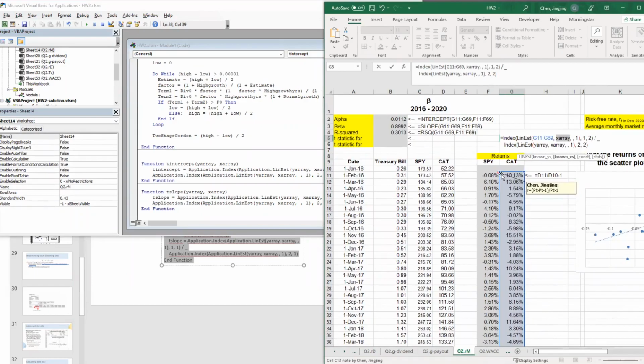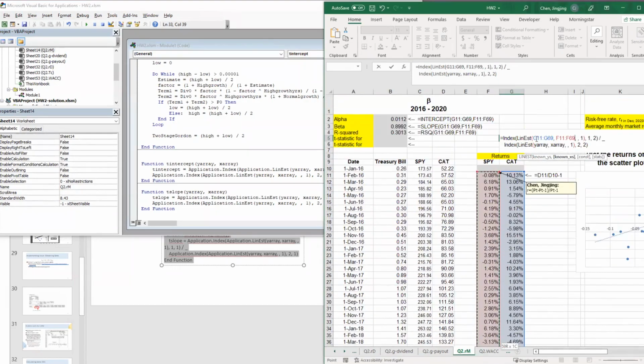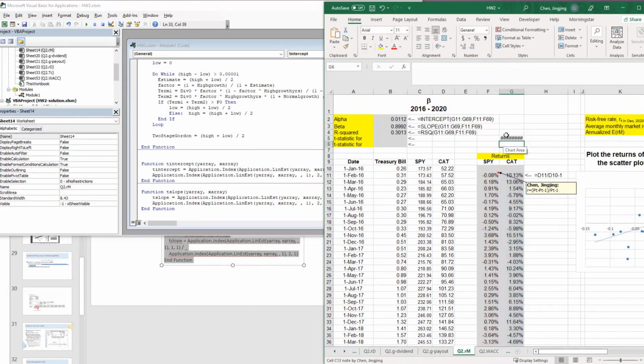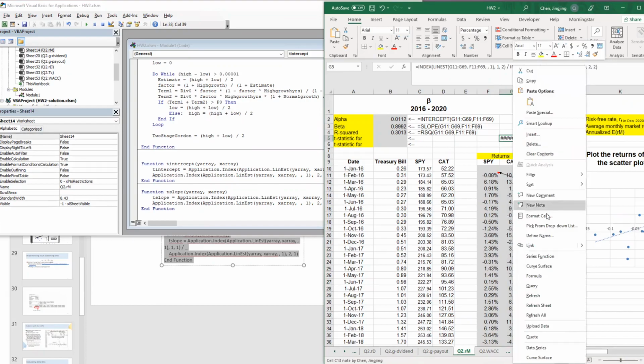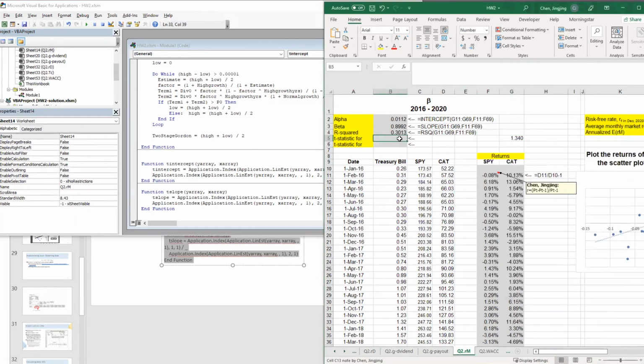Change x to spy. Okay, I'm going to check here, equals t-intercept.